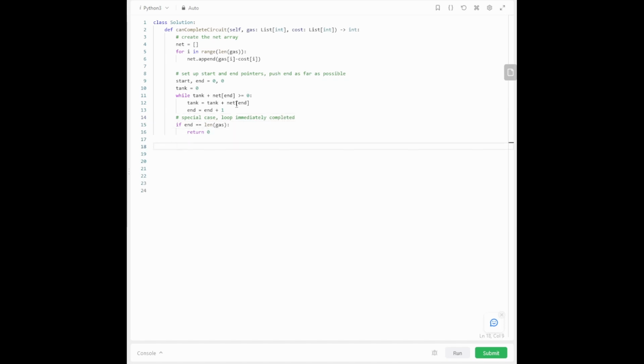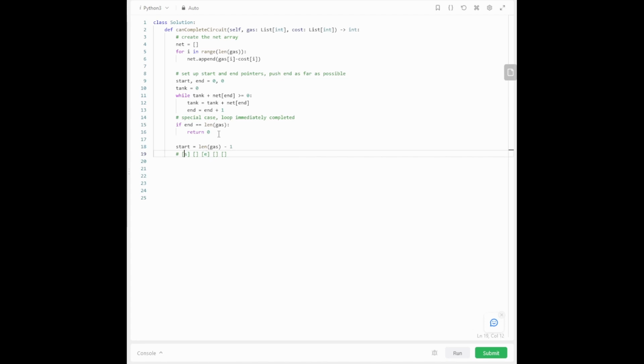Otherwise, we set start to be the length of gas minus 1. Now, why do we do this? Because start is initially, if we consider these as our gas stations, and initially start and end are both pointing to this first gas station, and I move end over here, and then I move end over here, and then I get stuck.